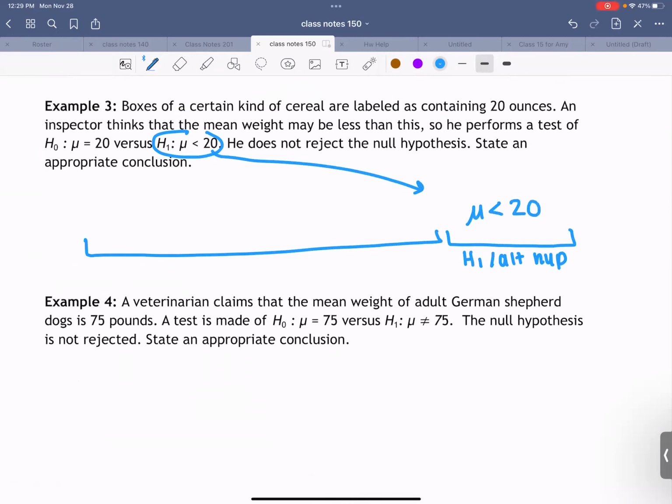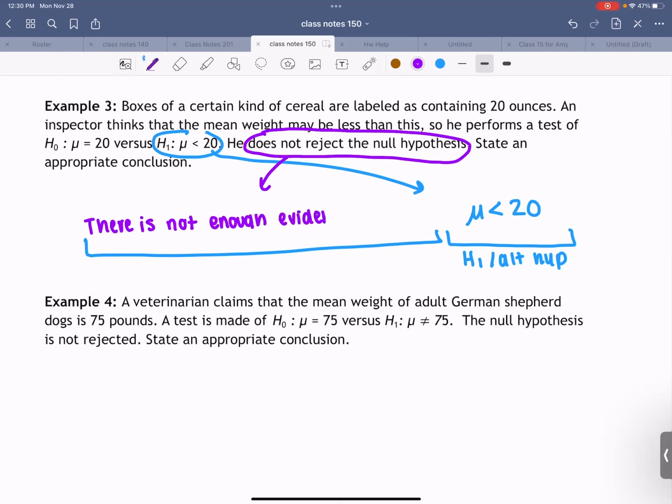Now, the beginning of the sentence does change because we don't reject the null hypothesis. So when we either fail or don't reject the null hypothesis, this is what we're going to say: there is not enough evidence to conclude.